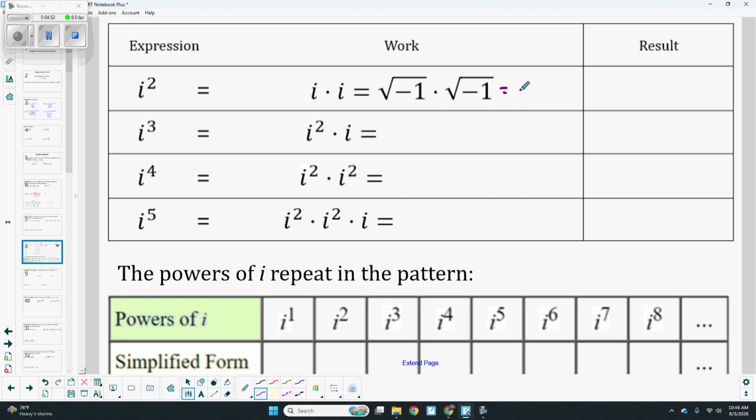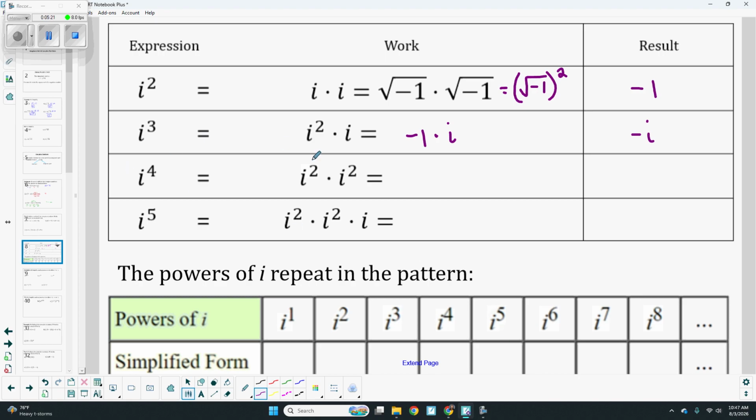Let me look at this as the square root of -1, squared. That's what we want to see it as, right? And we know that the squared cancels out the symbol, so i squared is really equal to -1. If I'm doing i cubed, that's really i squared times i. So if we said that i squared is -1 times another i, then that's going to be -i.